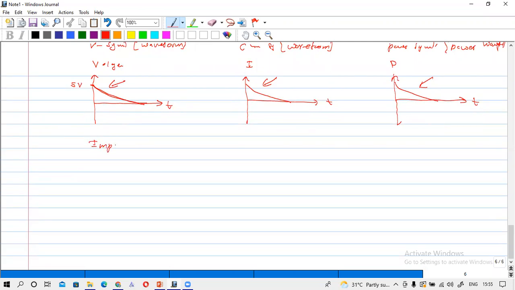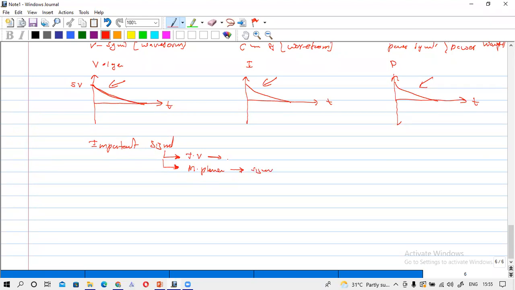Okay, so these signals are everywhere, no? If you consider television, there are many signals inside it, no? If you consider your mobile phone, it is completely dependent on signals, working on signals.